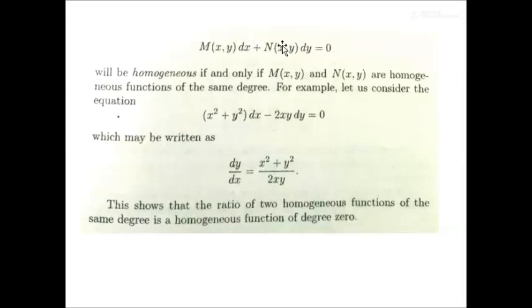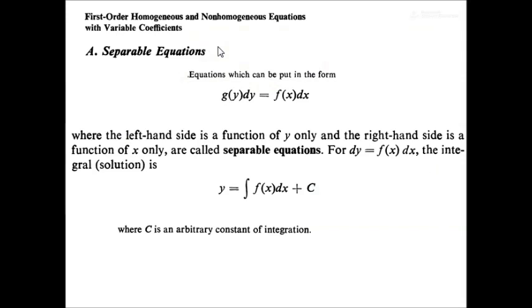If you take a differential equation of this form and reduce it in such a way that it can be simplified into this form, where the left hand side is only a function of y and the right hand side is only a function of x, that is, the left hand side contains a function of y into dy equal to the right hand side containing only a function f(x) into dx, then this equation is a separable equation.